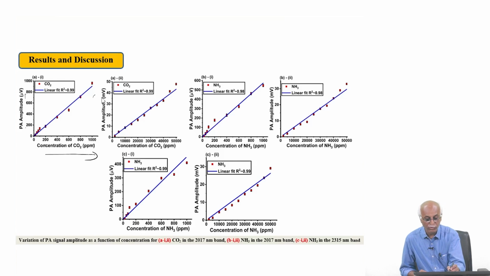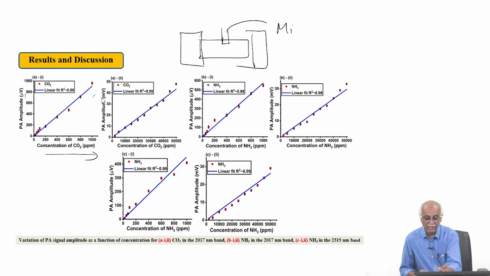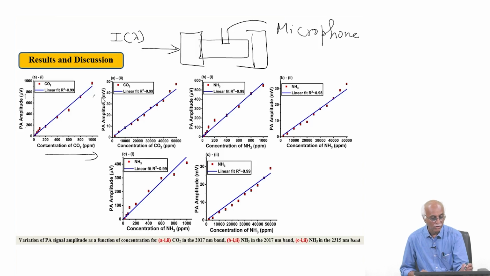Here we captured the photoacoustic signal using a photoacoustic cell, PA cell, and a microphone. Not the cantilever beam, but a capacitor based sensing microphone to detect the acoustic signal when the input light has a wavelength matching the CO2 absorption molecules, of course in different absorption bands. In this case we used the 2017 nanometer band, around 2000 nanometer band.